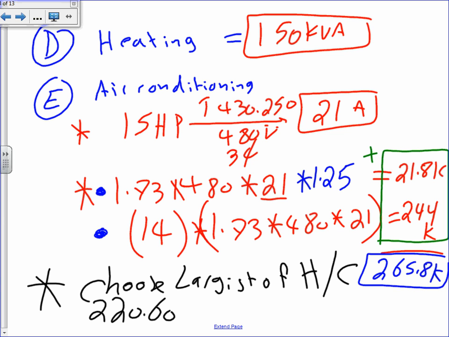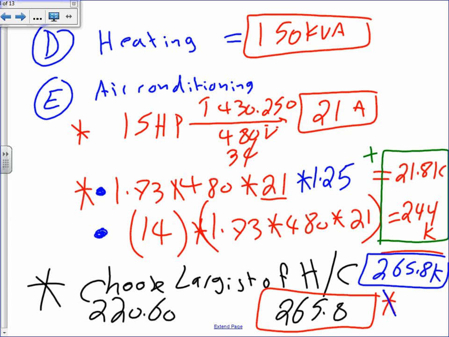Between 150 and 265.8, it's 265.8. Anybody disagree with that? This is the number that you will be carrying downstream. Any questions about that?